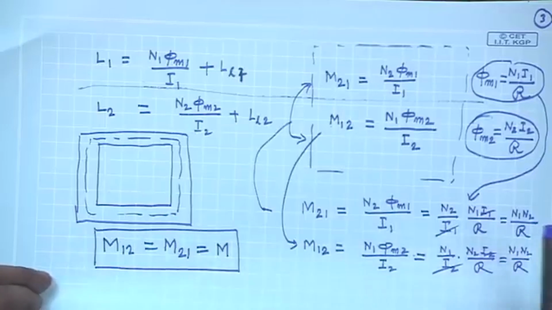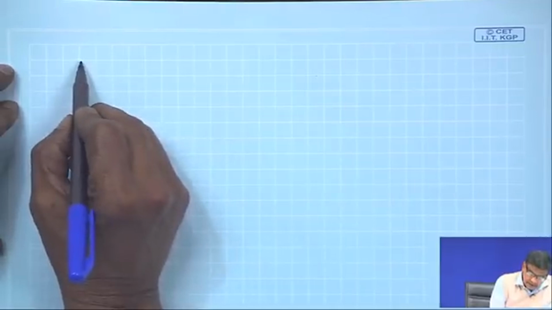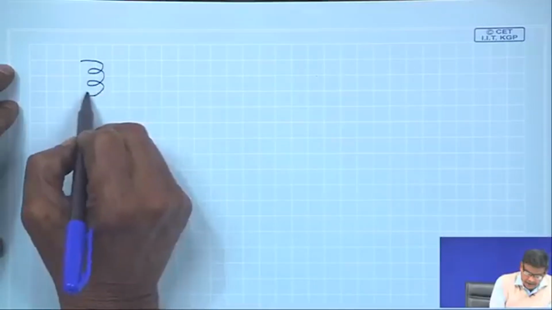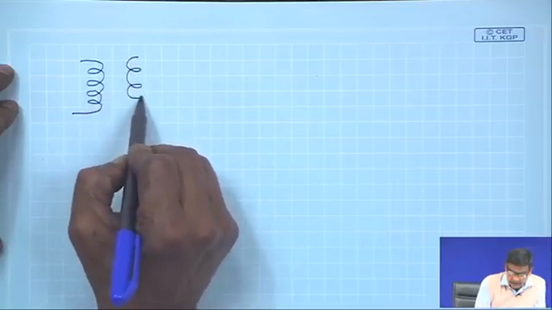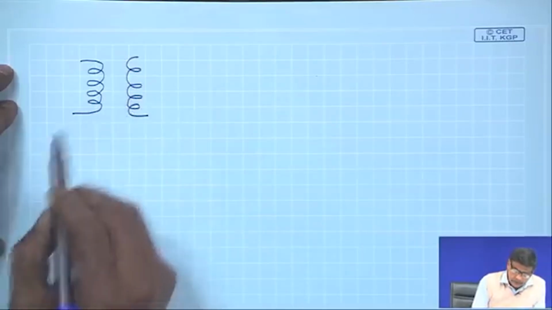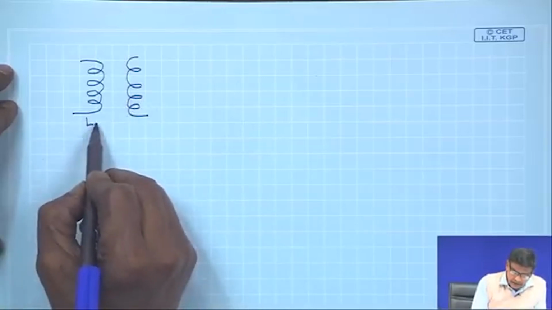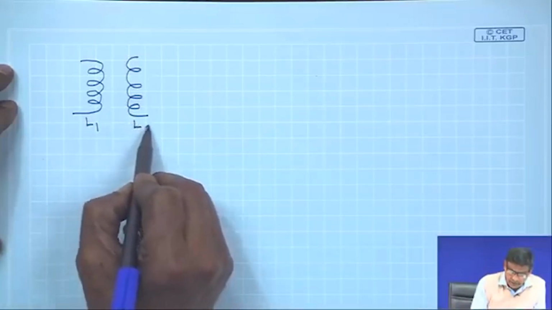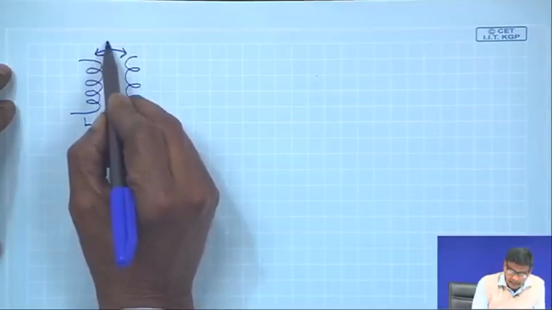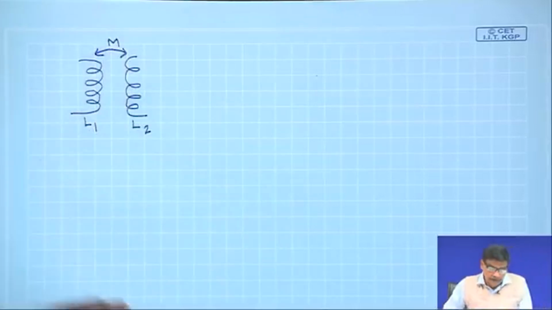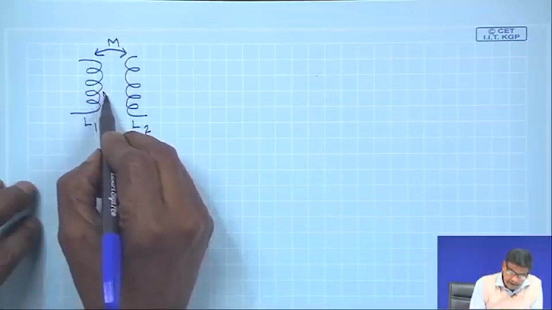Now, we will draw the circuit in a much simpler way. There are 2 coils. I will not draw the magnetic circuit and I will draw it like this: 2 coils having self inductances L1 and L2, and the mutual inductance between them is M. This is how these 2 coils, N1 and N2, can be depicted.